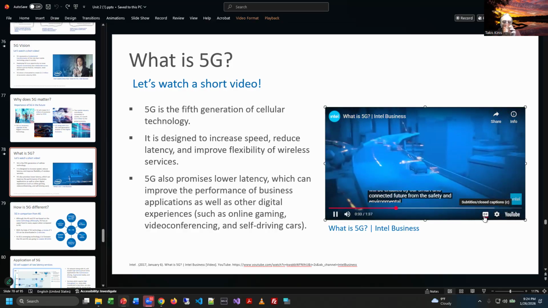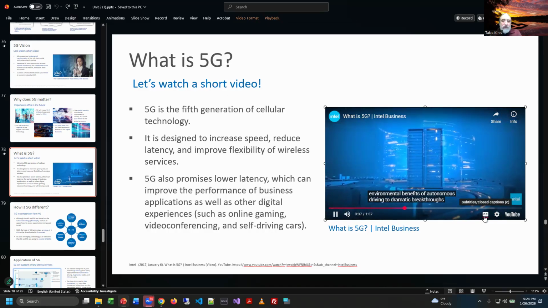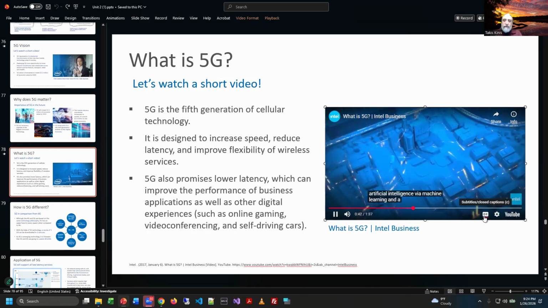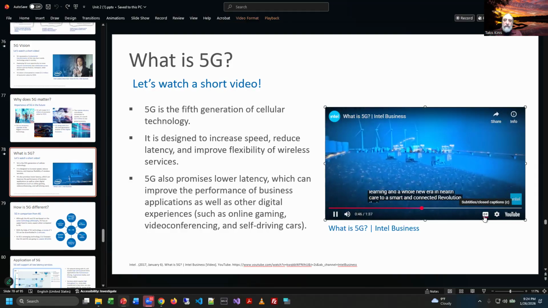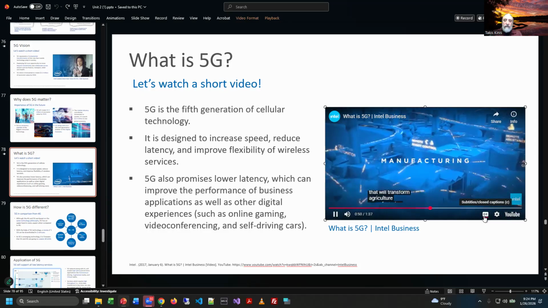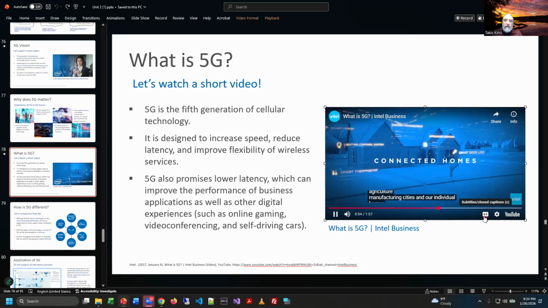From the safety and environmental benefits of autonomous driving, to dramatic breakthroughs in artificial intelligence via machine learning, and a whole new era in healthcare, to a smart and connected revolution that will transform agriculture, manufacturing, cities, and our individual homes.